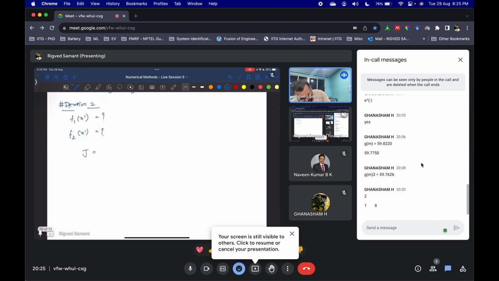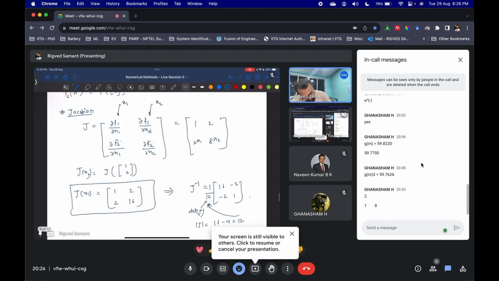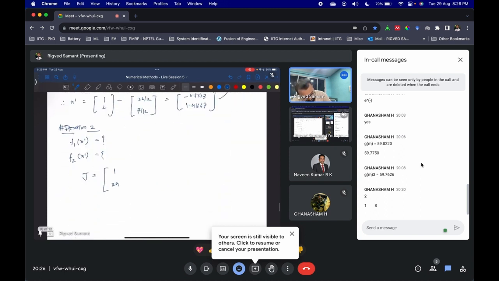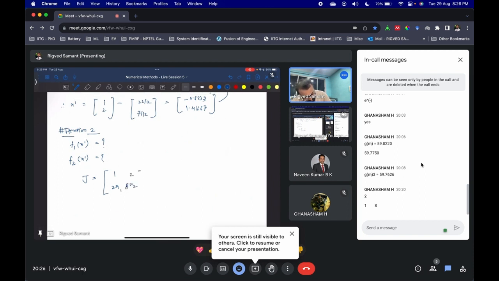After calculating the Jacobian, the 2 entries remain the same, in which you will put x1 equal to this value.